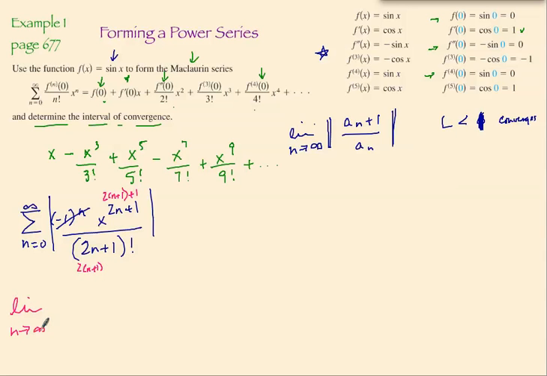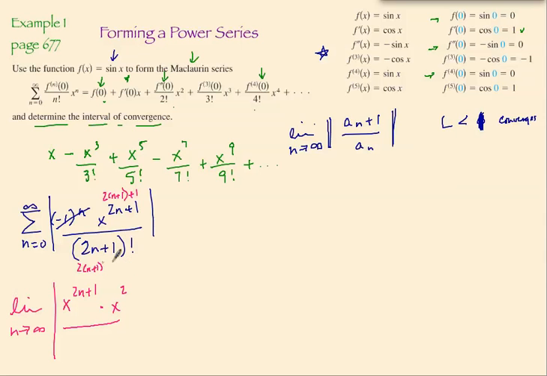Limit as n approaches infinity. I'm going to do the shortcut where I write the n plus 1 term times the reciprocal of the n term. And so this is going to be, remember this is going to be x to the 2n plus 3, but I'm going to write it this way. X to the 2n plus 1 times x squared. Isn't it true that when you add 2n plus 1 plus 2, you get 2n plus 3?